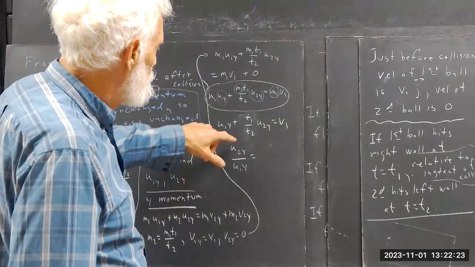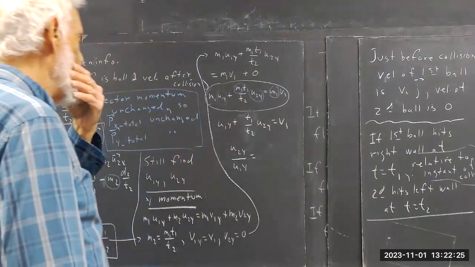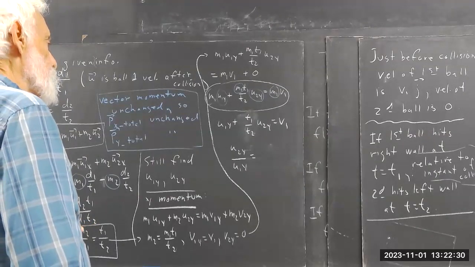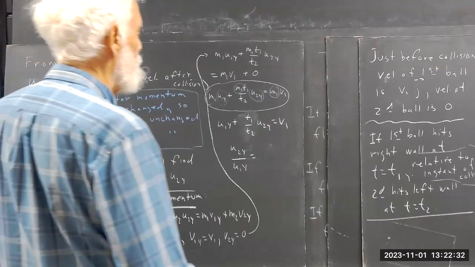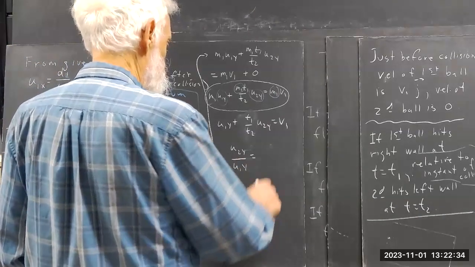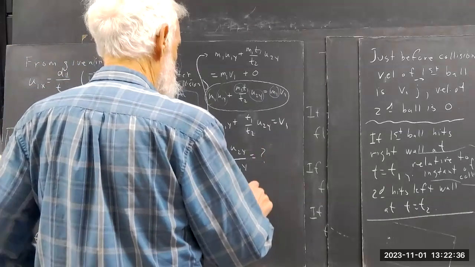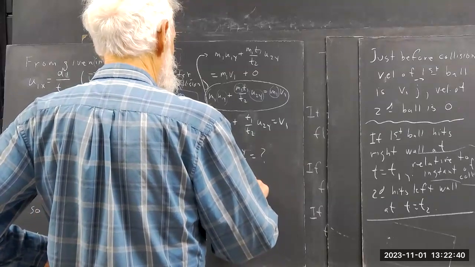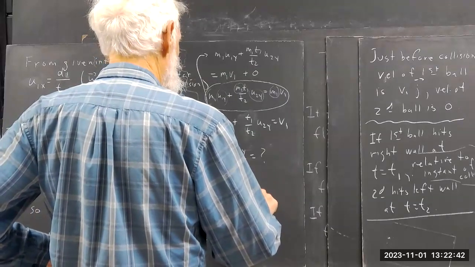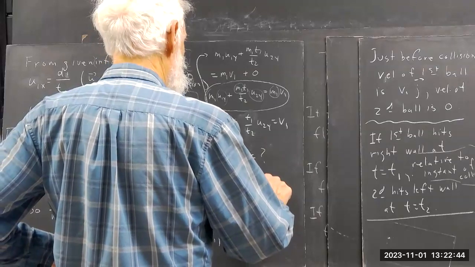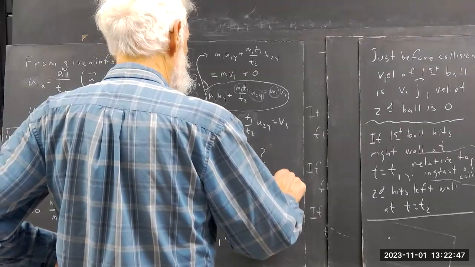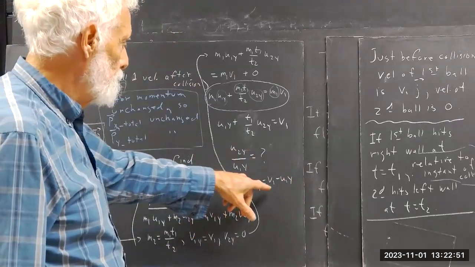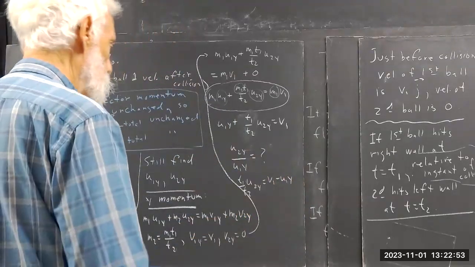Okay, so we then have what? Write it out carefully. You're going to get T1 over T2 times U2Y equals V1 minus U1Y.